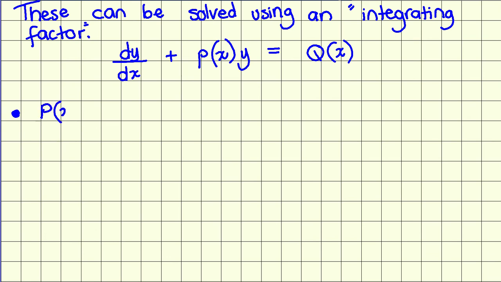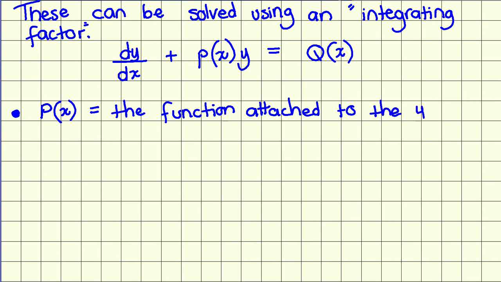So p of x equals the function attached to the y. Okay, and that function, so whatever's attached to the y, it helps us to work out what the integrating factor is. So that's your next bullet point.